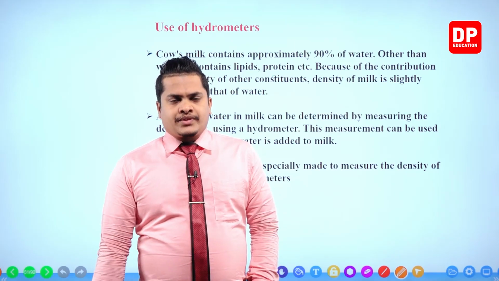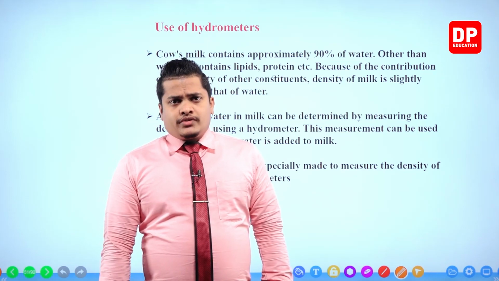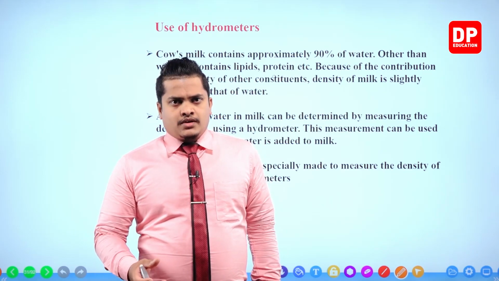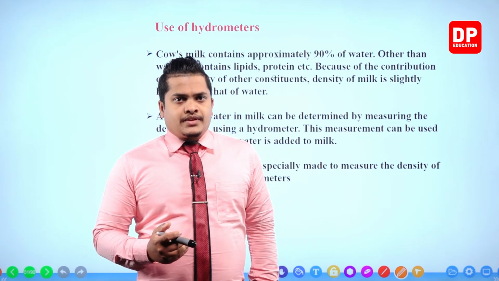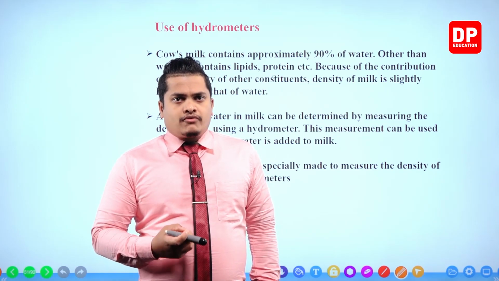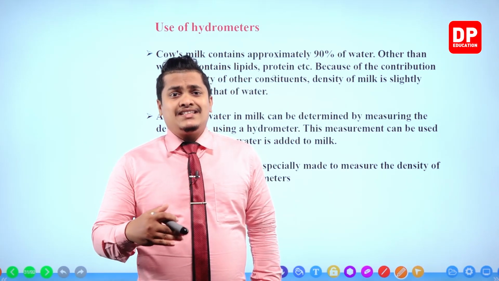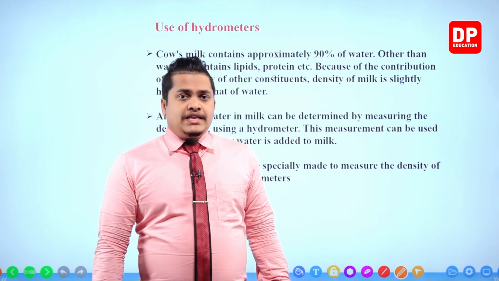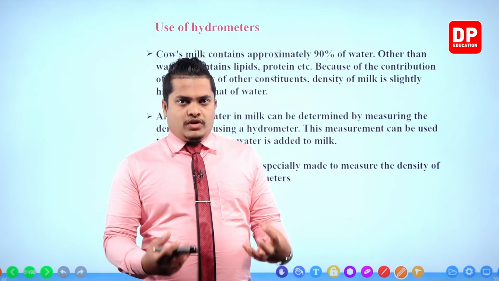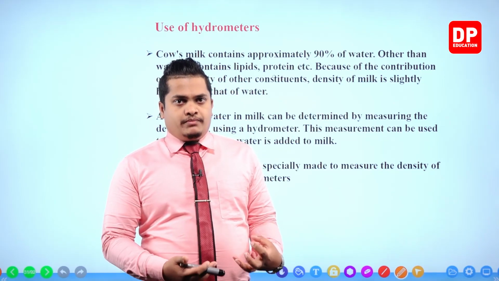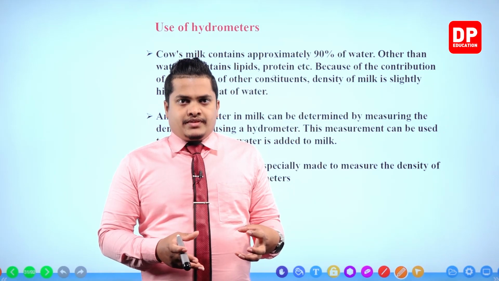Okay. So sometimes, my dear children, farmers, especially milk farmers, take milk out from a cow and add water, an excess amount of water, in order to increase the volume. You know that more milk volume means the farmer can earn more money through it.